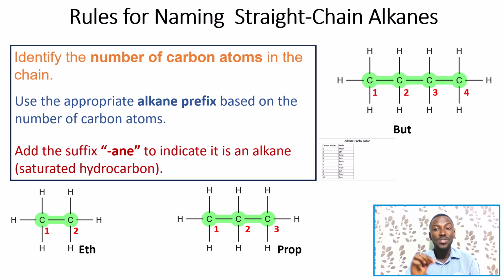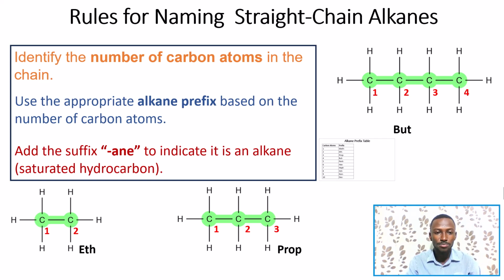So, to name an alkane, add A-N-E to the prefix you have, and the A-N-E is going to be the suffix. So you have a prefix and then the suffix. See how simple it is. Your responsibility is just to know the prefix, and then if you are naming an alkane, just add the last 3 letters.